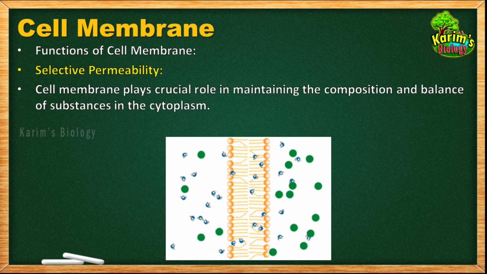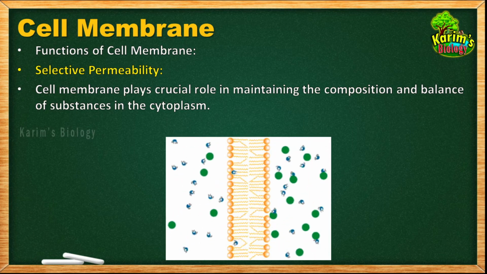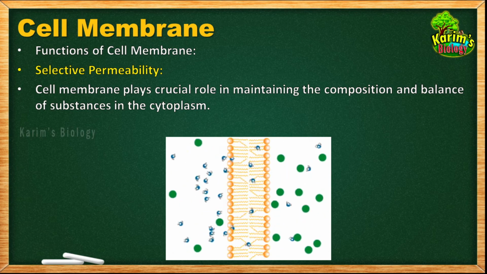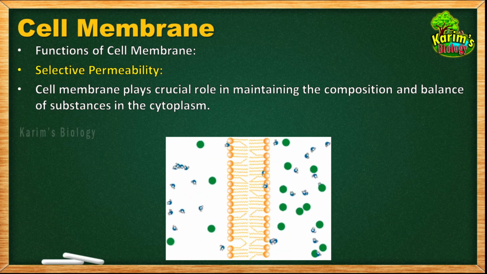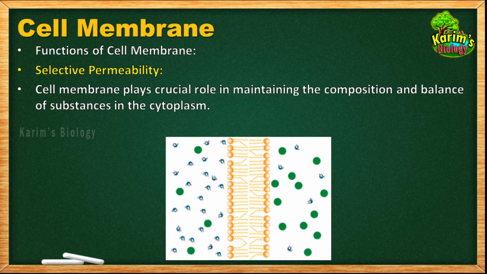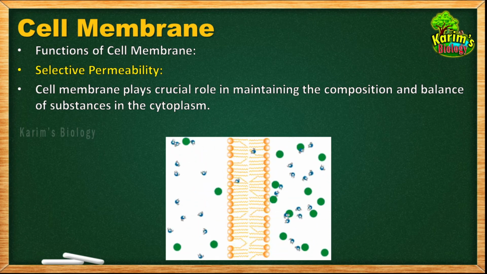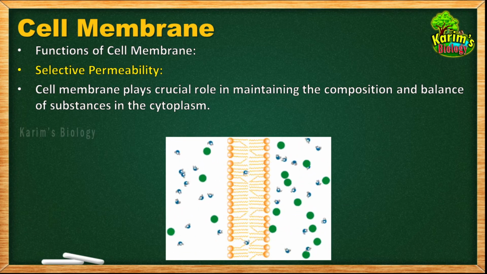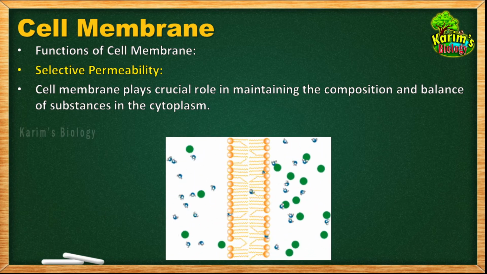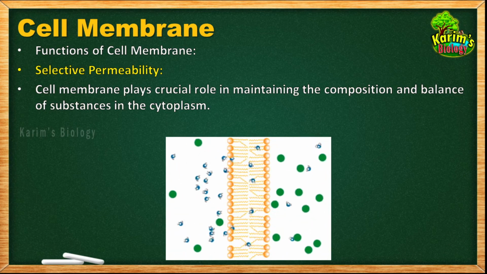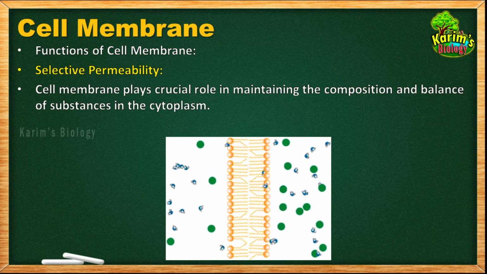That's the reason why the cell membrane is not going to allow all substances into the cytoplasm. Only a selected few substances will be allowed into the cytoplasm, and only some of the substances will be allowed to go out of the cytoplasm. Understood? So this property of the cell membrane is called selective permeability, and about this property you are going to learn in detail in your 4th lesson.